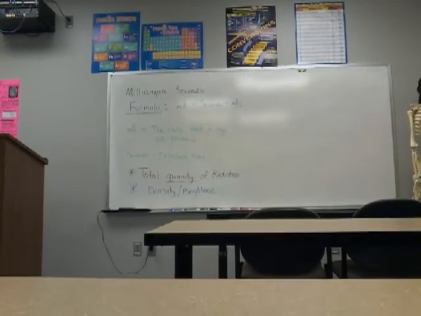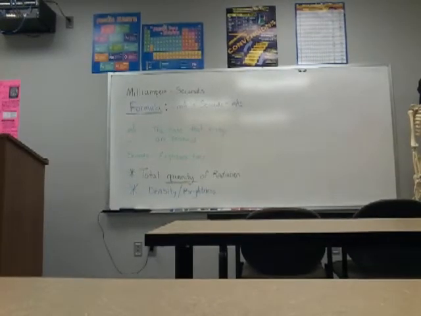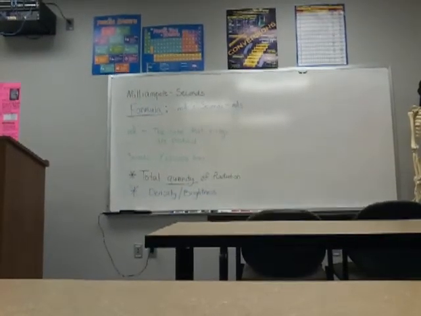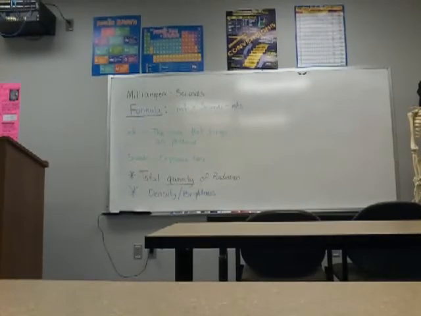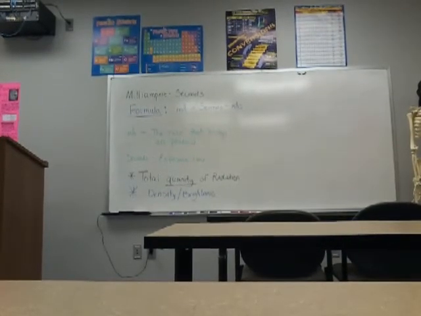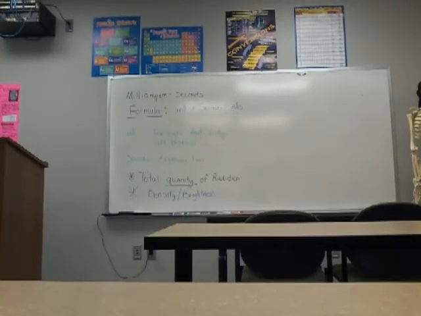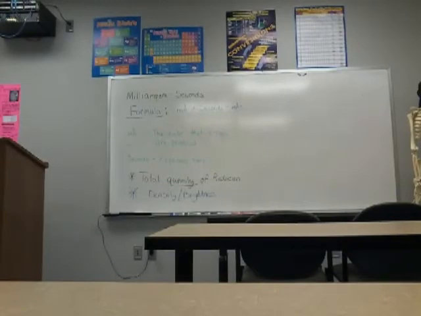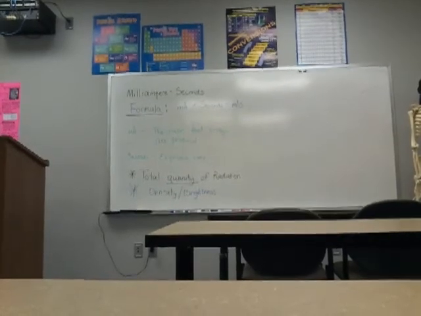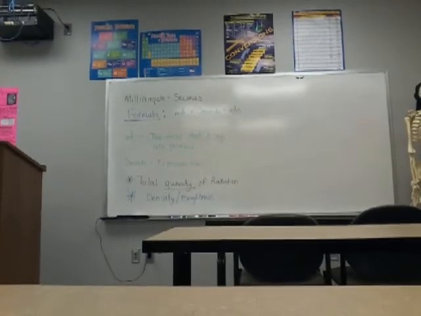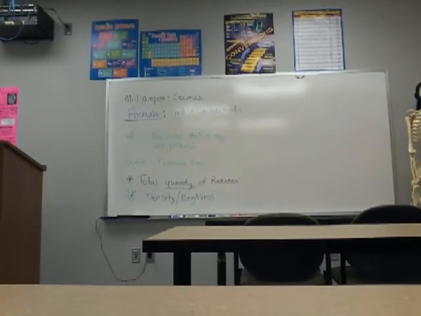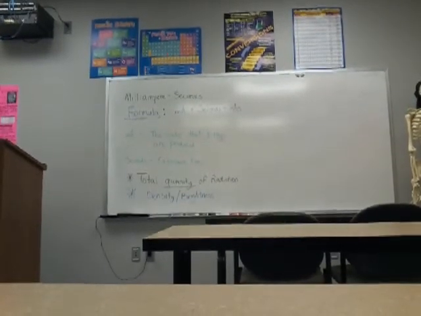The seconds is the actual exposure time, which really is stating the total quantity of radiation, which is the density and the brightness. The density and brightness on the actual X-ray itself is the overall darkness. That's how density and brightness is defined. We're going to again do some math problems in regards to the milliamperes and seconds to find out our mass.